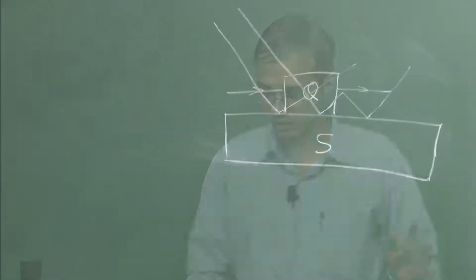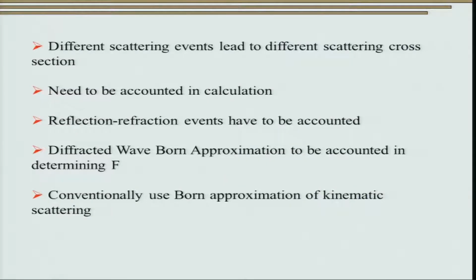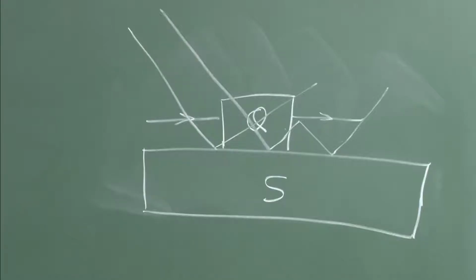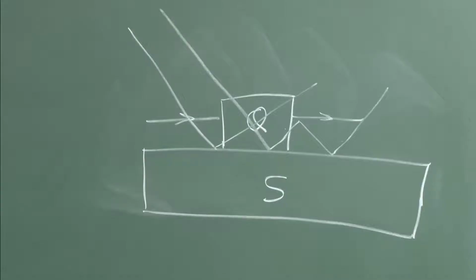Therefore, it is generally understood that this normal Born approximation of single scattering is not at all valid, and instead we get different scattering events that lead to different scattering cross sections, and therefore there is a need to account for all this in the calculation.